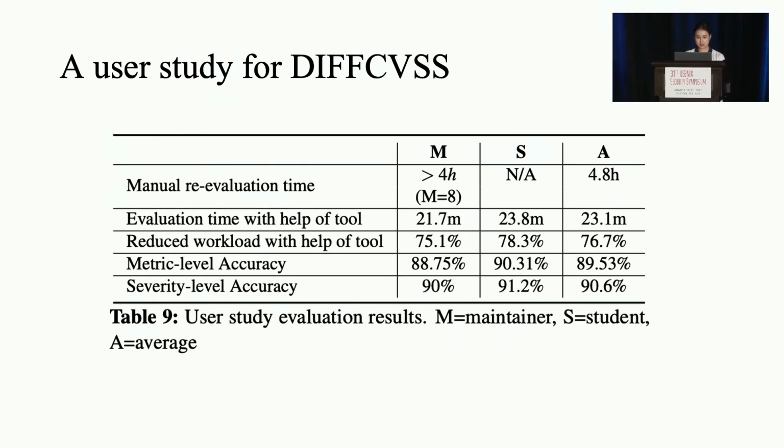As we can see, with the help of the tool, the average re-evaluation time is around 27 minutes, which is much less than 4.8 hours without the tool. Our results also show that DIFFCVSS can significantly reduce the time and effort for vulnerability re-evaluation. Besides, our tool can also achieve around 19% of the accuracy in both metric level and severity level.